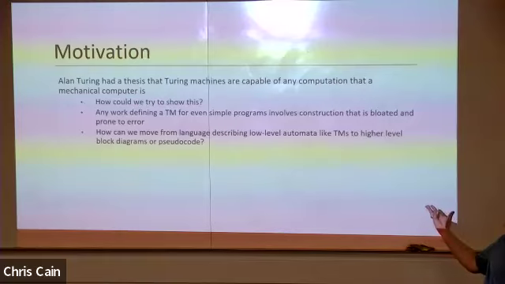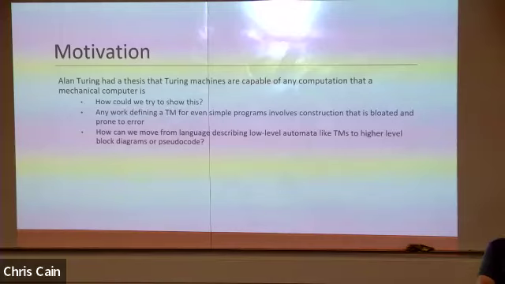So what would we do to move from describing low-level automata to describing something more complicated, using syntax and diagrams that let us show a more complicated program in a way that could break down into something like a Turing machine program? That is what programming is.